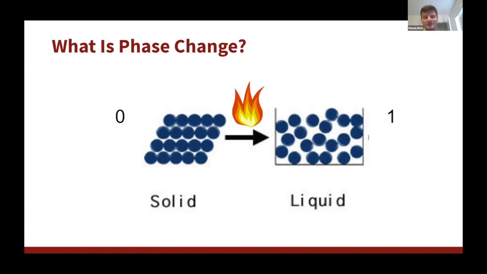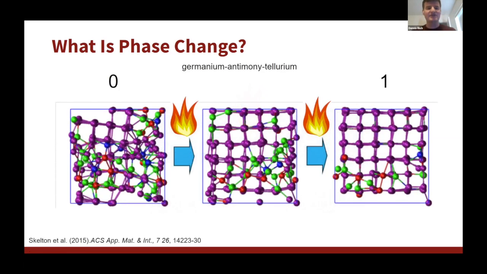So what we actually use is a material, germanium antimony tellurium, or GST, and the S is because antimony is abbreviated Sb for reasons unknown to me. GST is a material that functions this way, except instead of solid and liquid states, it goes from amorphous on the left to crystalline on the right, and both are solids.